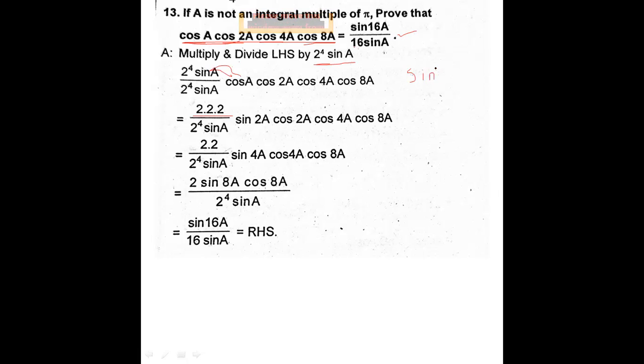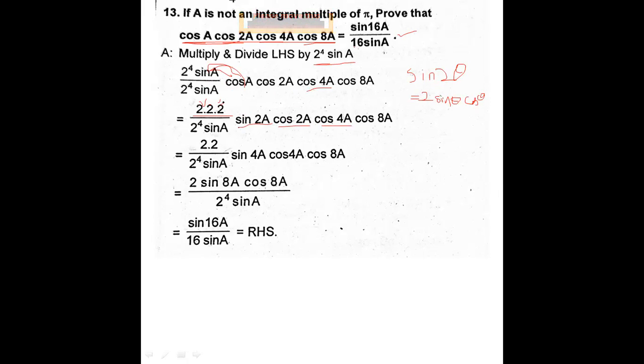So we are having four 2's, 1, 2, 3, and with the fourth, 2 cos A sin A will be sin 2A, and cos 2A will be cos 2A, and cos 4A will be cos 4A.